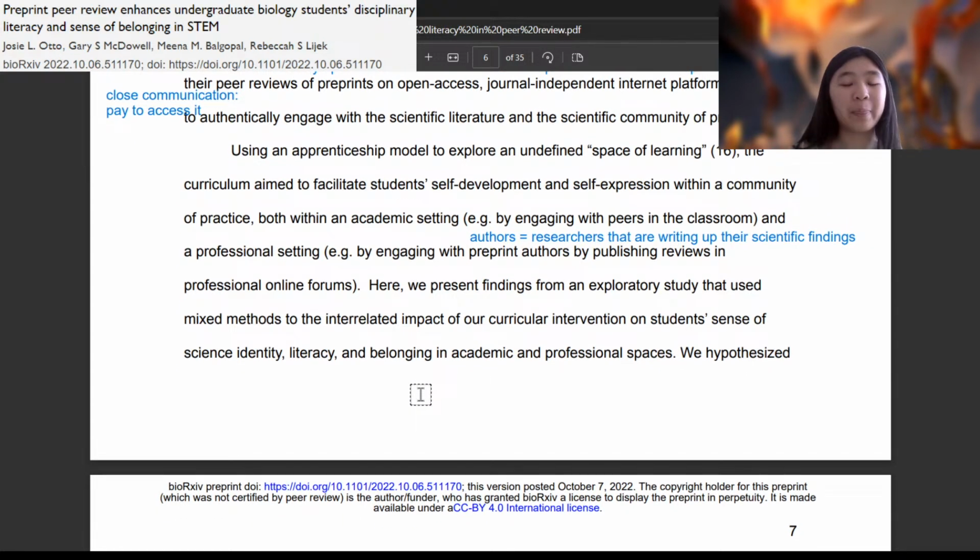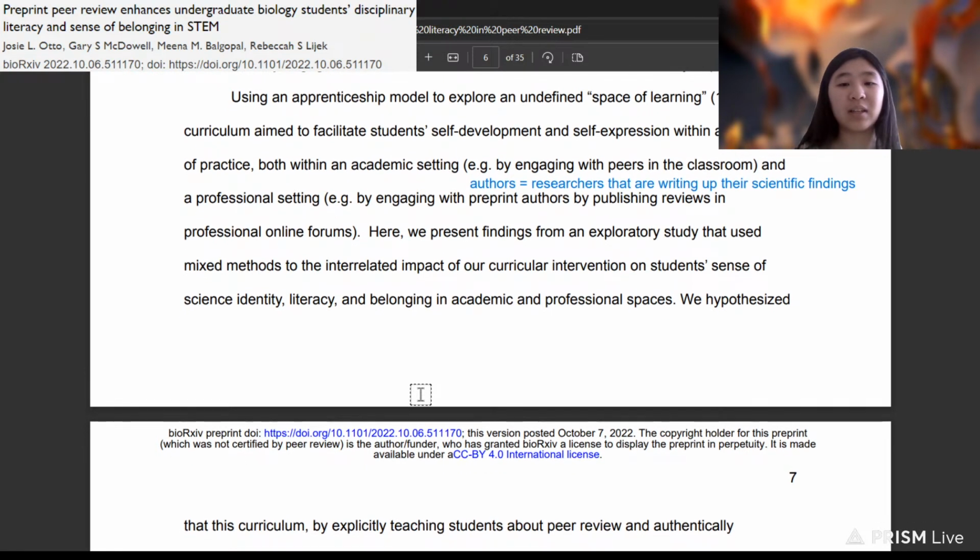Okay. Here we present findings from an exploratory study that used mixed methods to the interrelated impact of our curricular intervention on students' sense of science identity, literacy, and belonging in academic and professional spaces. Whew, okay. Basically, they're presenting their findings.